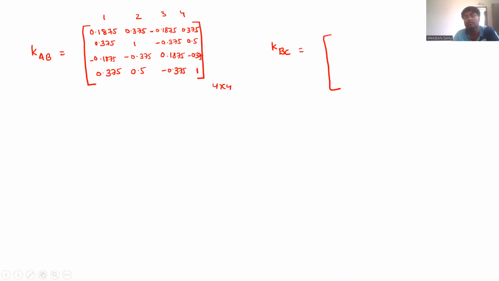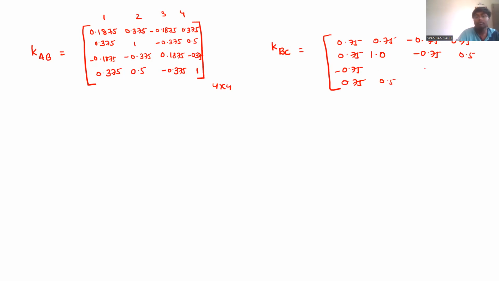BC is 0.75. Then again 0.75 plus minus 0.75 plus 0.75 plus 0.75 minus 0.75 plus 0.75, 1, minus 0.75, 0.5, 0.5, 0.75, 1, minus 0.75, minus 0.75, minus 0.75.